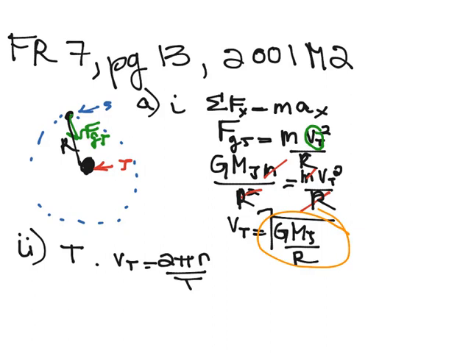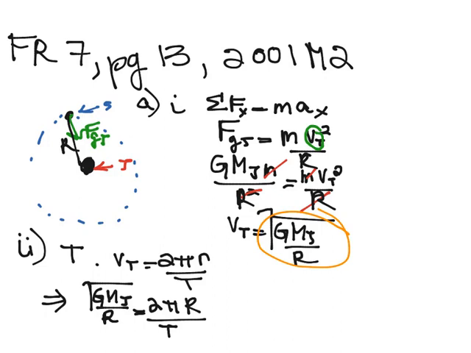So we can write square root of G m_J divided by R is equal to 2 pi capital R divided by T.